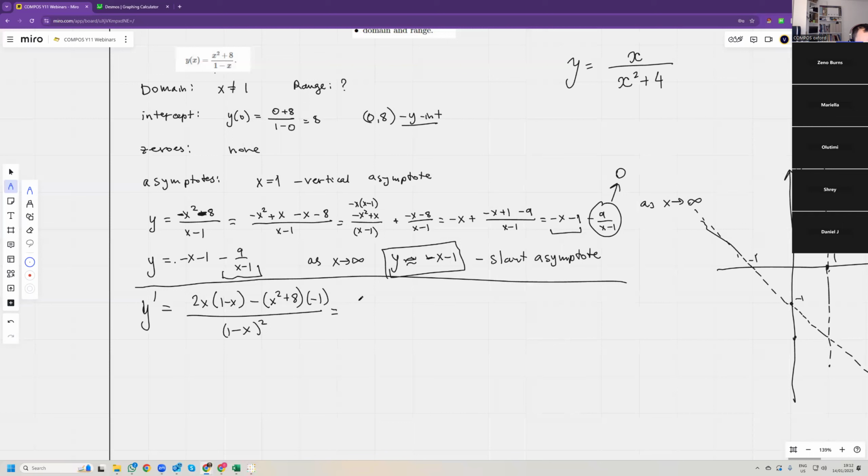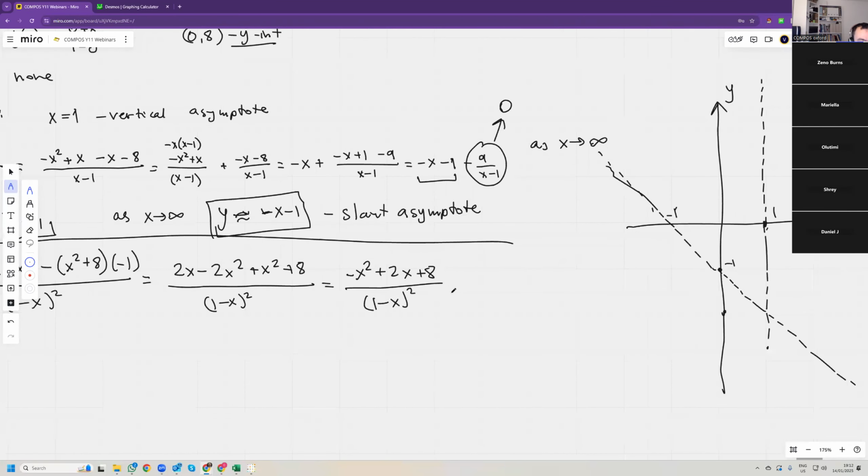So that is 2x minus 2x squared plus x squared plus 8, divided by (1 minus x) squared, which is minus x squared plus 2x plus 8 over (1 minus x) squared.